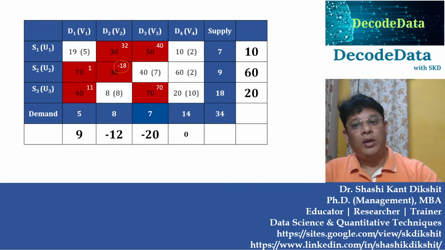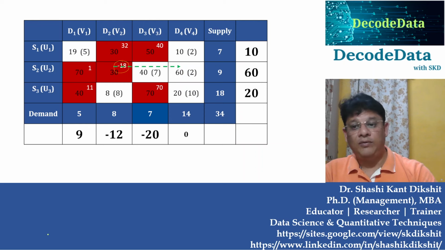So let's start from 30. I'll move down to the 60, because if I take the turn from 70, that 70 is fine, but from 70 I cannot turn anywhere, because there is no allocation in 70. So I move down to the 60. From 60 I can move both up and down.